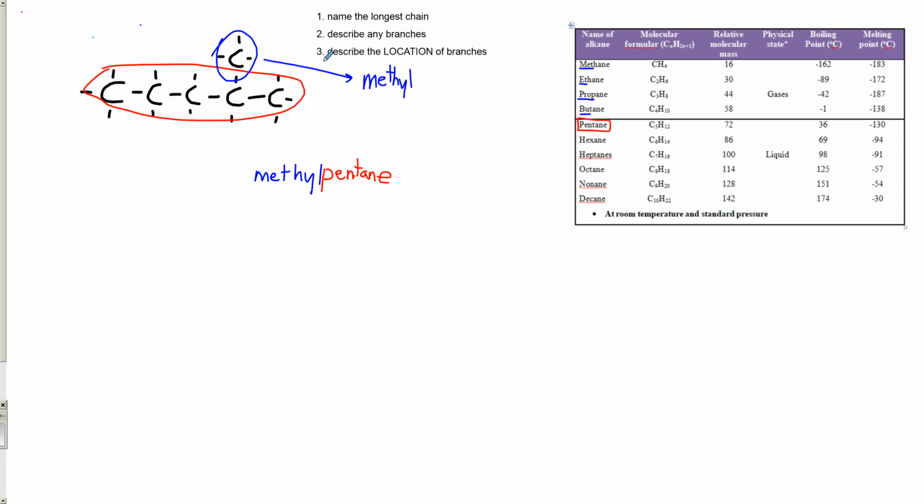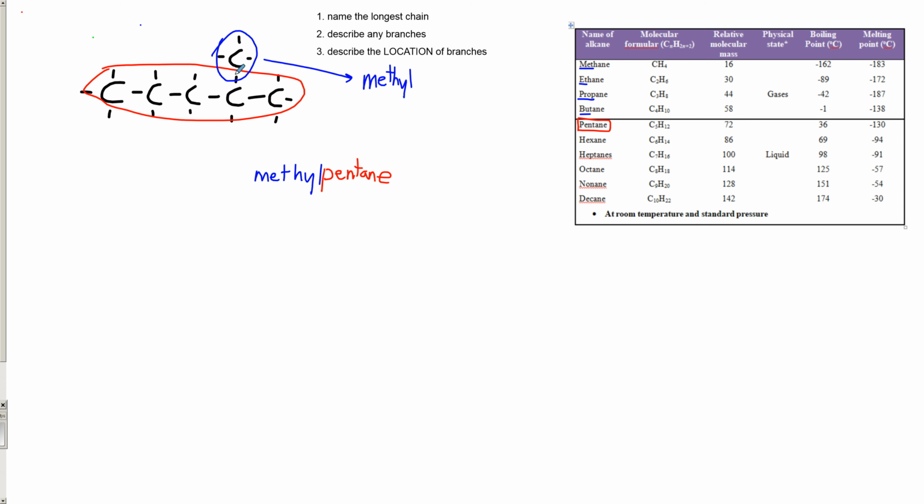So if I look here, there's 5 carbons in a row on my main chain, on the pentane. So what I'm going to do is basically give all of the carbons addresses. And the goal here is to make sure that the numbers that I use for the addresses are the lowest that they can be.